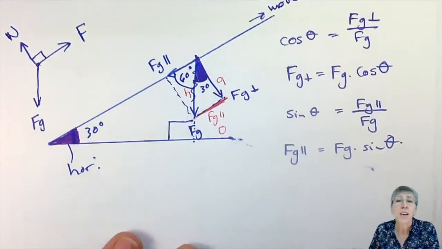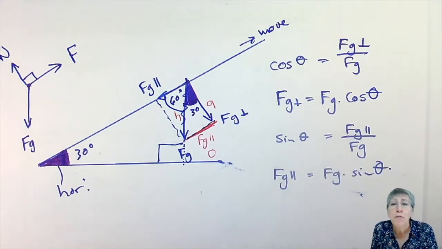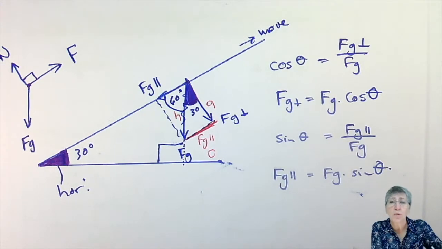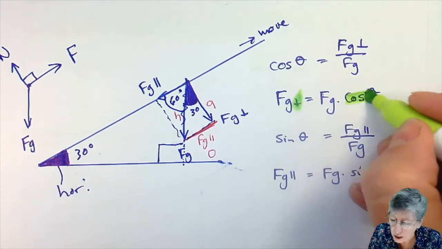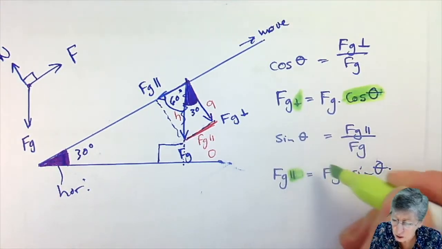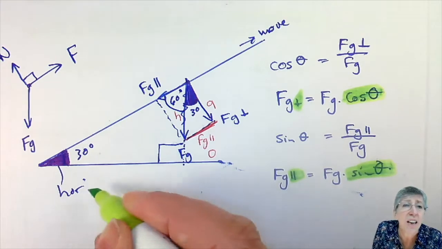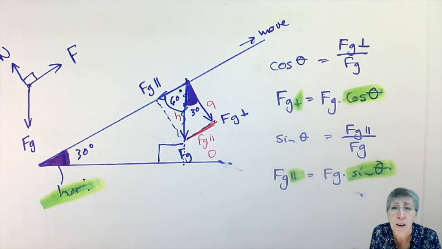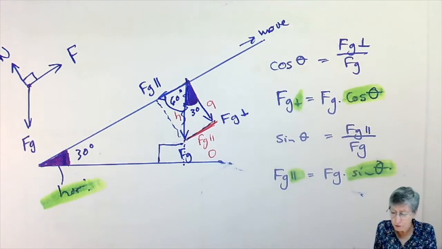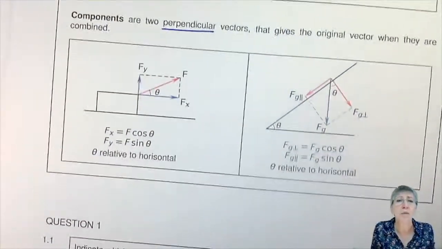Now once again, there is no time in future to rework this or rethink this. You just have to know the perpendicular one is always going to be cos and the parallel one is always going to be sine, and I just have to check that I've got the angle with the horizontal. On that first page, you will see this summarized down there.